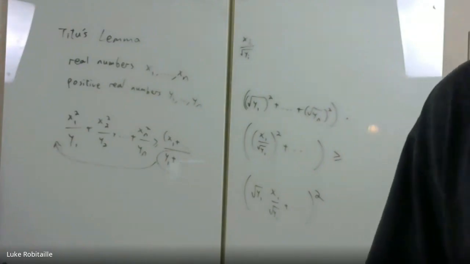After we assume LHS is 1 and the sum of the y_i's is 1, how exactly to finish? Like, what's the main idea? The main idea in what? In this inequality, Titu's lemma, after we assume the sum of y_i is 1 and LHS is 1, what is the main idea in finishing?